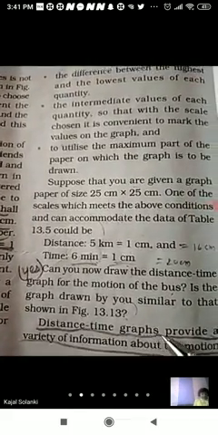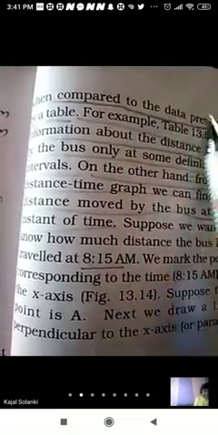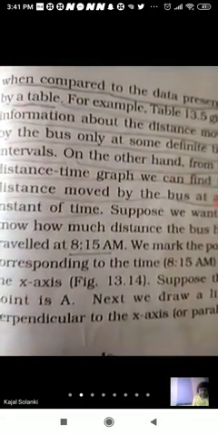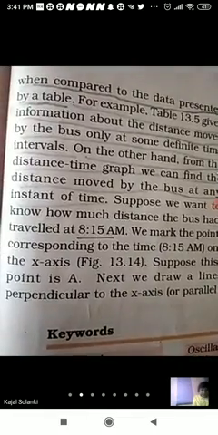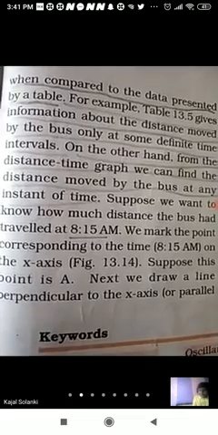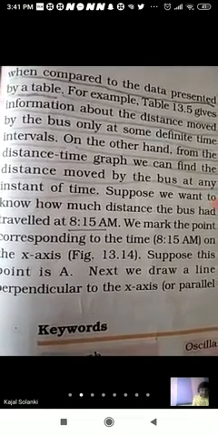Distance time graphs provide a variety of information about the motion when compared to the data presented by a table. For example, table 13.5 gives information about the distance moved by the bus only at some definite time intervals. On the other hand, from the distance time graph, we can find the distance moved by the bus at any instant of time.